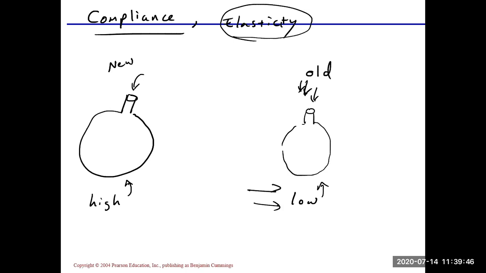In general, there are two kinds of disorders that you want to look at. One of these disorders is known as restrictive disorders, and the other one is obstructive disorder.